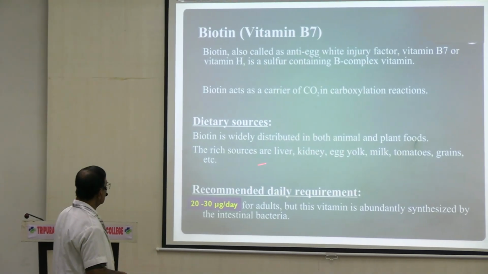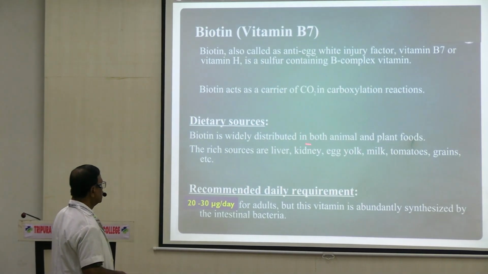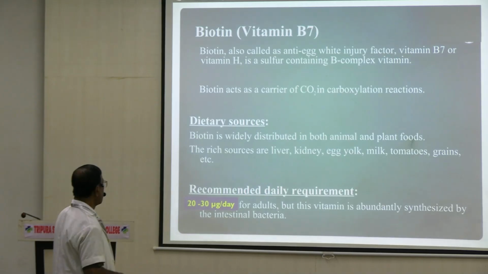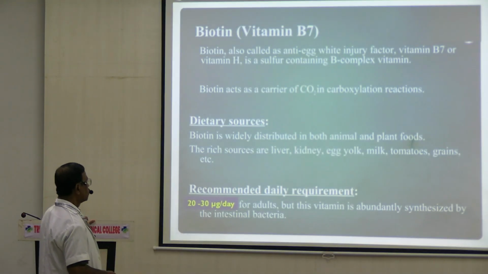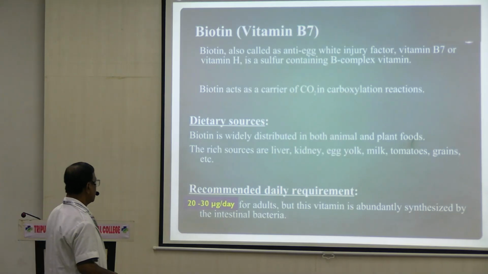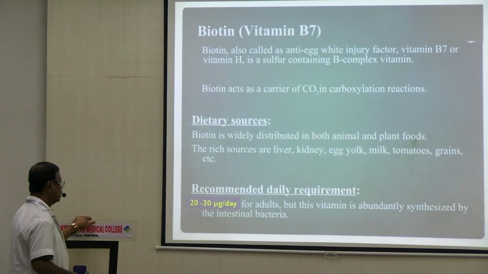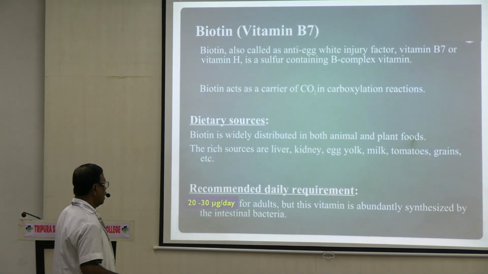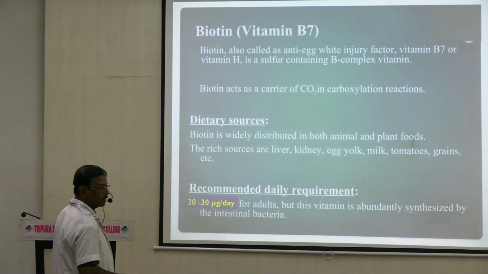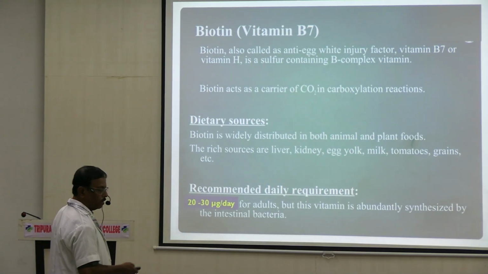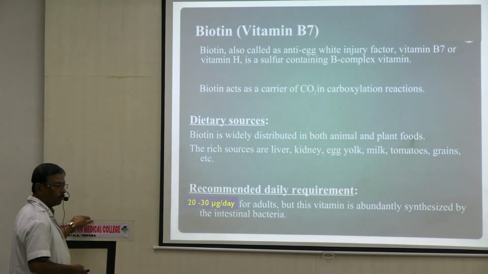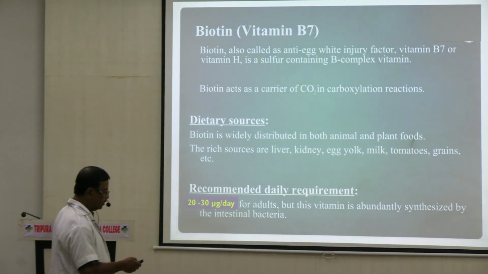Dietary sources: it is widely distributed in both animal and plant food. Rich sources are liver, kidney, egg yolk, milk, tomato, grains. Recommended daily dose is 20 to 30 mcg per day for adults, but this vitamin is abundantly synthesized by the intestinal bacteria. So biotin deficiency is rarely seen.